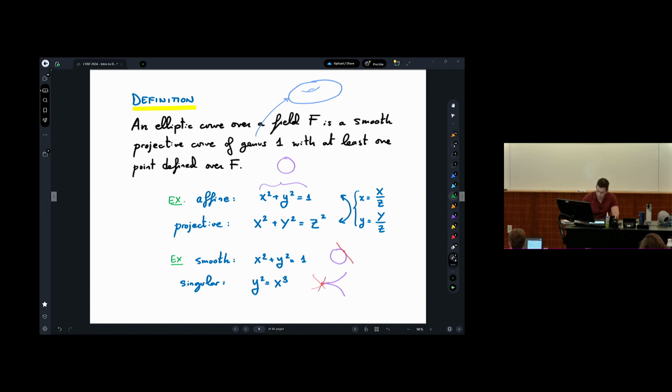So usually what happens is that the projective plane, you can think of it as the Riemann sphere, something like this, and then usually we look at circles. The circle is here. And so that's usually what happens.